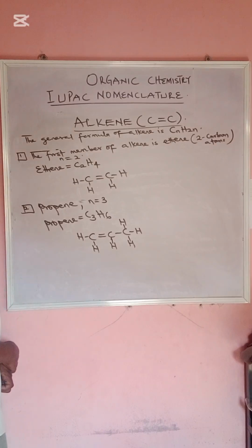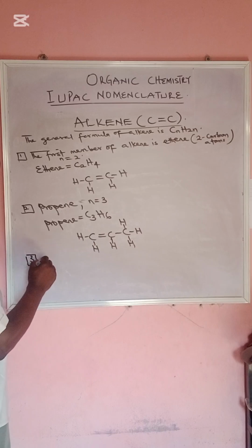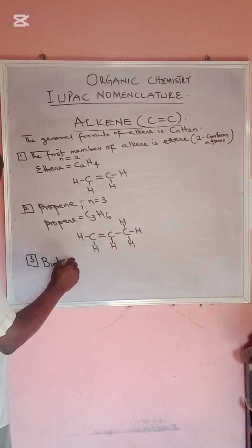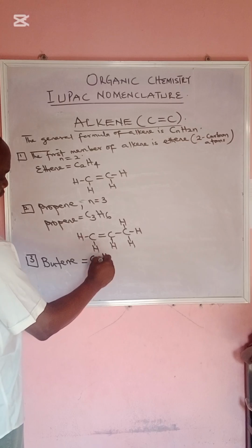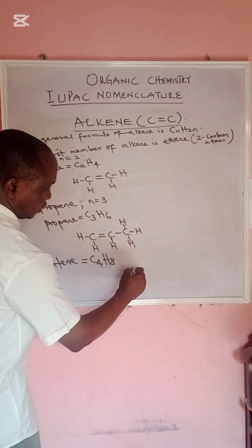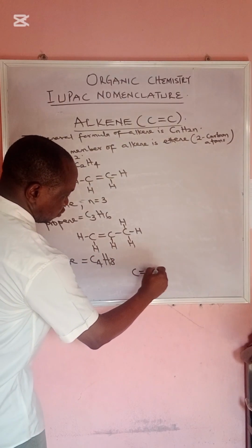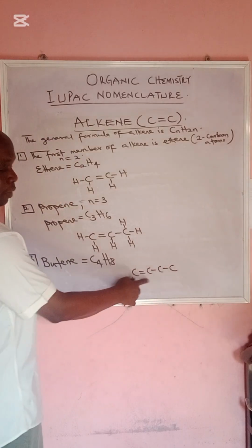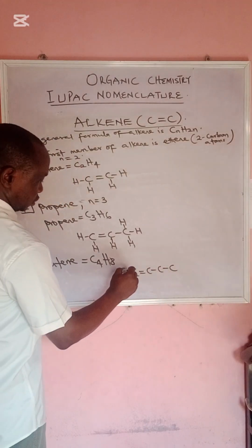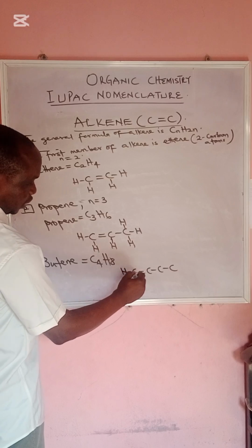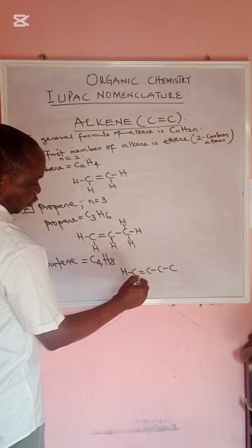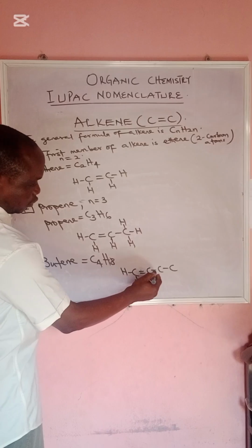So let's see butane. Butane is C4H8. So let's see. 1, 2, 3, 4. The first 2 carbon atoms, double bond. So let's distribute hydrogen. 1, 2, 3, 4. You can see it's tetravalent, it's 4.